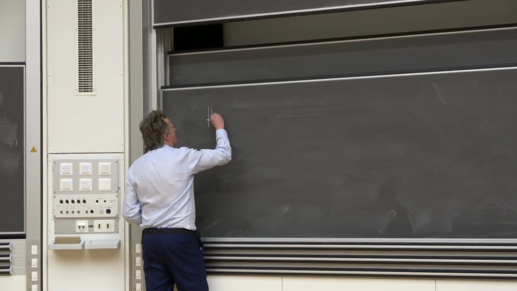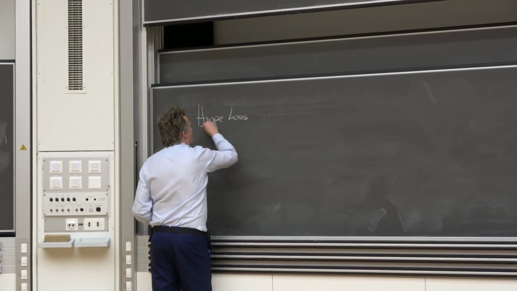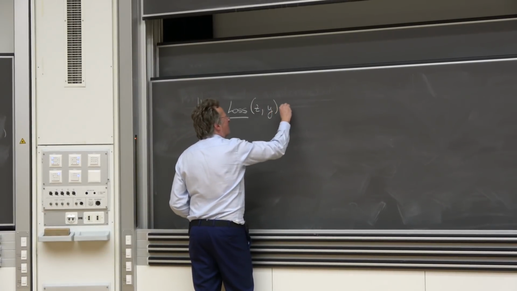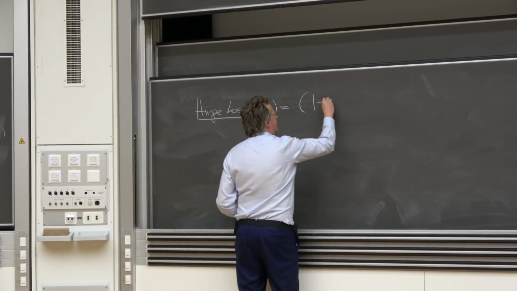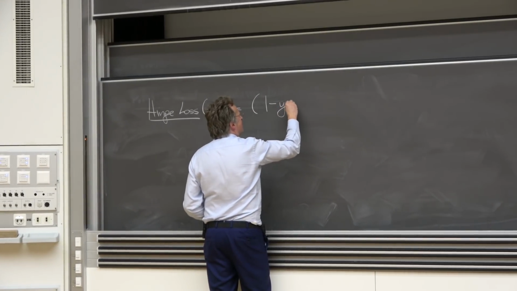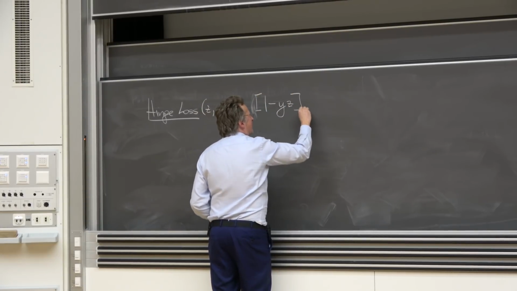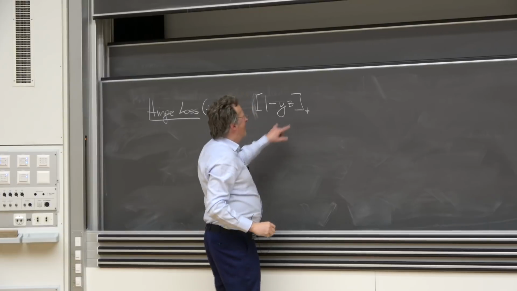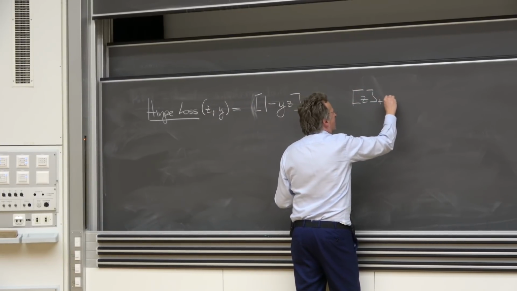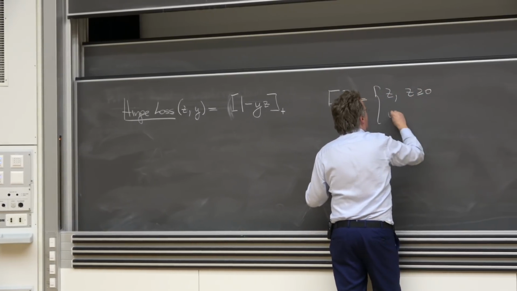The third one is what's called the hinge loss. The hinge loss, again of the prediction and the label, looks at first a little bit like the mean squared one. We have this times z. But now this means plus, where this plus is z if z is bigger or equal than 0, and otherwise it's 0.